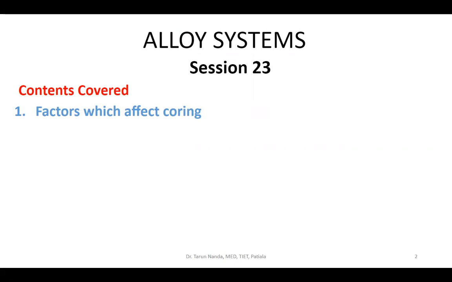In the last session, we had discussed what is meant by coring. Now in this session, we'll discuss the various factors and conditions which affect coring, which would promote coring or which can reduce the extent of coring. And then very briefly, we would tell you the remedy when coring is there in a type 1 alloy casting, how we reduce it.